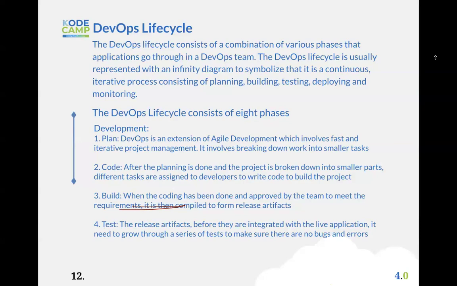The picture I showed you, that loop. Now, we are going to talk about the different phases, different steps in the loop in the DevOps life cycle. In the DevOps life cycle, there are 8 phases. We have 4 that you can refer to as the development phases, and then we have the operating phases.